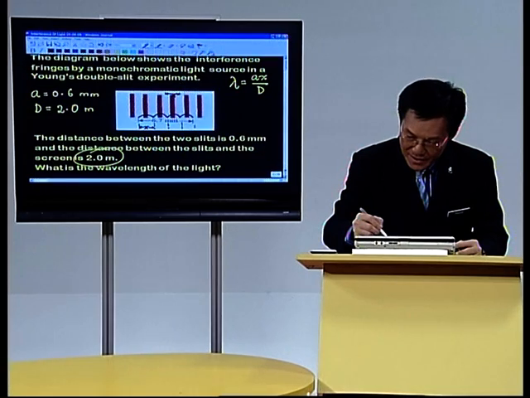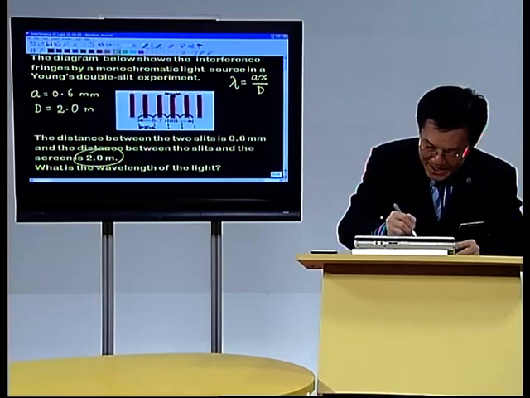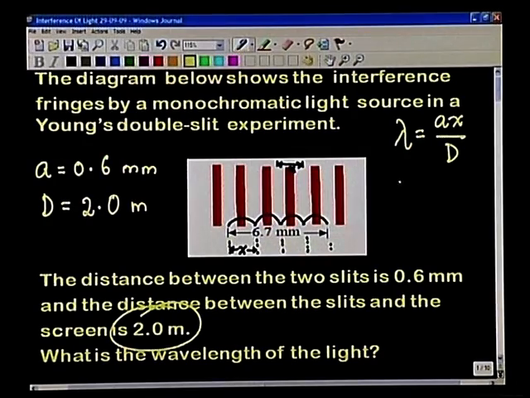Alright? So now I will write down 4x equals to 6.7 millimeters.